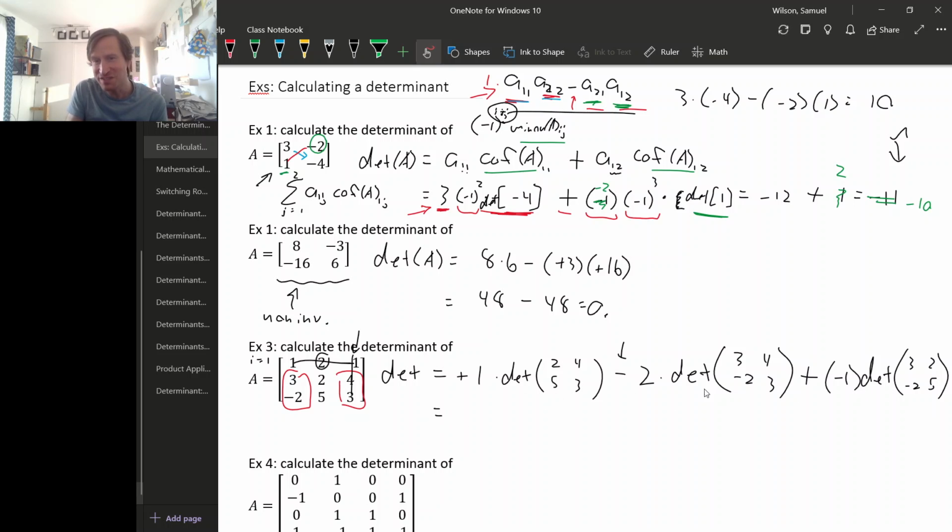Okay, now for each of these determinants, these are 2 by 2 determinants, so we can use this cross trick to calculate each of these individual determinants. So let's see, 6 minus 20, I'm sorry, 6 minus 20, so negative 14, right?